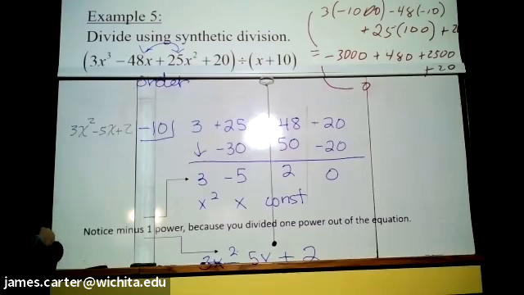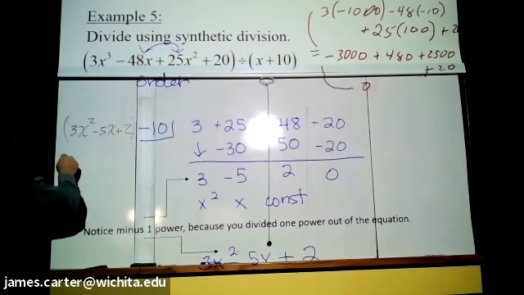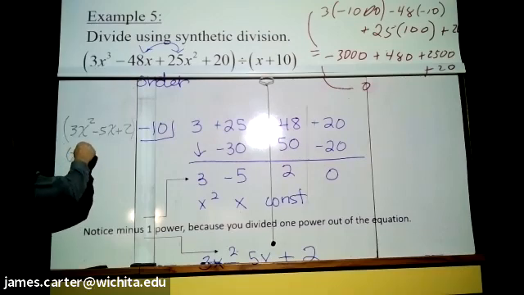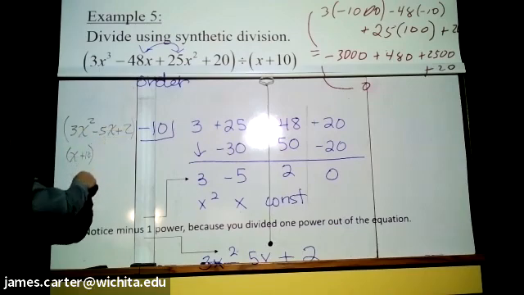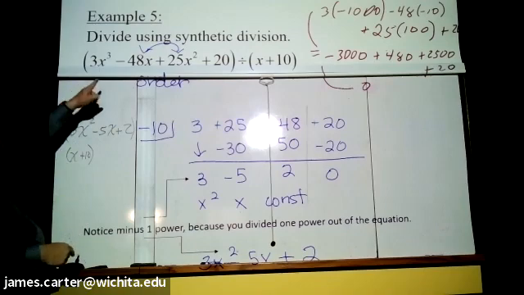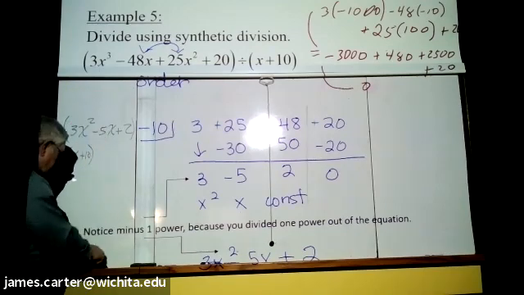Okay. Now then, if I take this and I multiply it by x plus 10, in other words, distribute the x's, distribute the 10s, I would get the original problem only in the correct order.